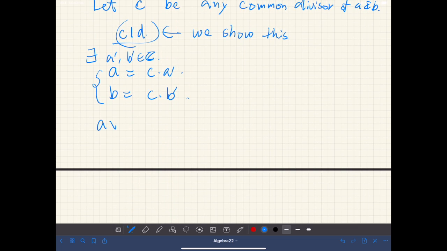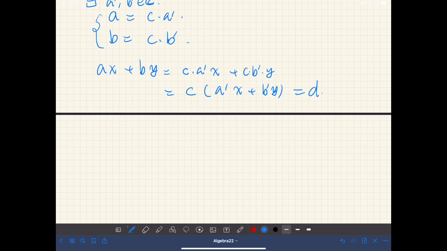So ax plus by is equal to ca prime times x plus cb prime times y. Factorizing by c, we have c times (a prime x plus b prime y), but this is equal to d. This means c is a divisor of d. Therefore, c divides d.